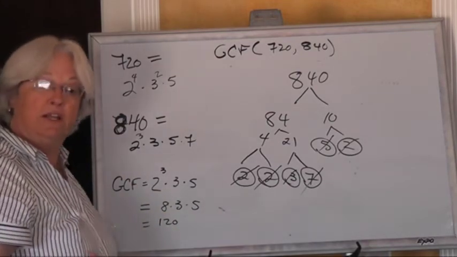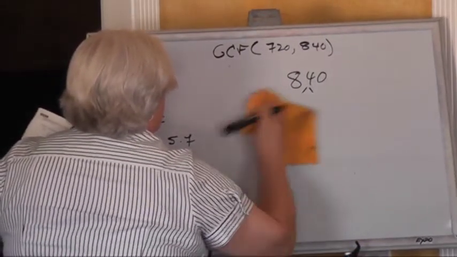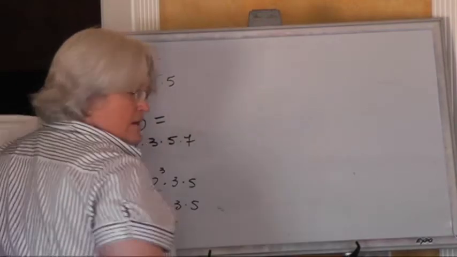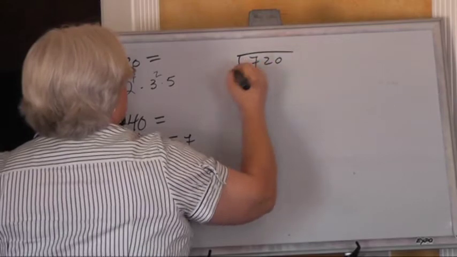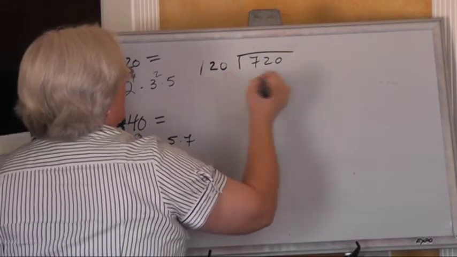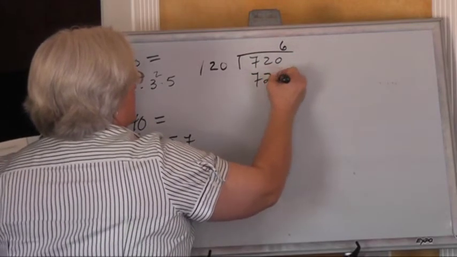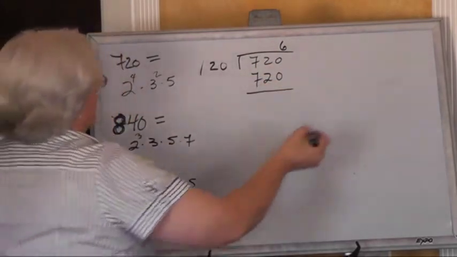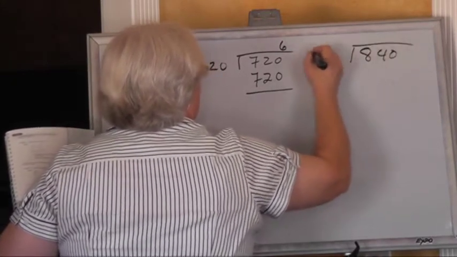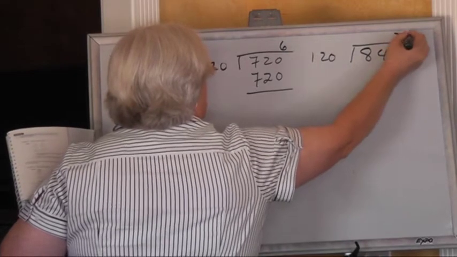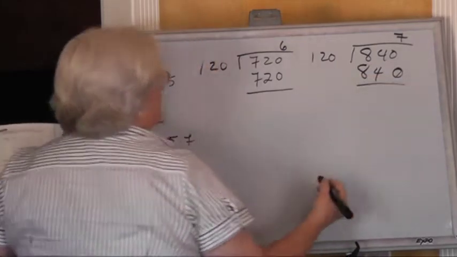So let's see if this really does reduce. 720 divided by 120 is 6. 840 divided by 120 is 7.